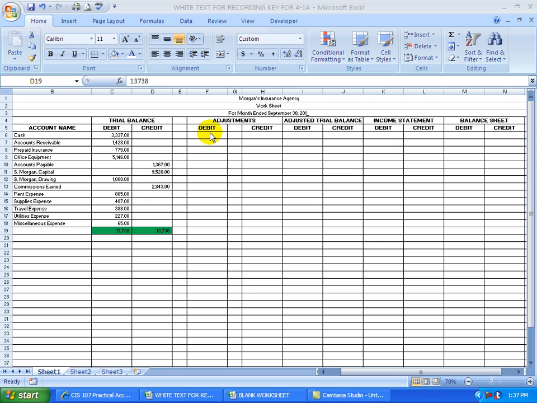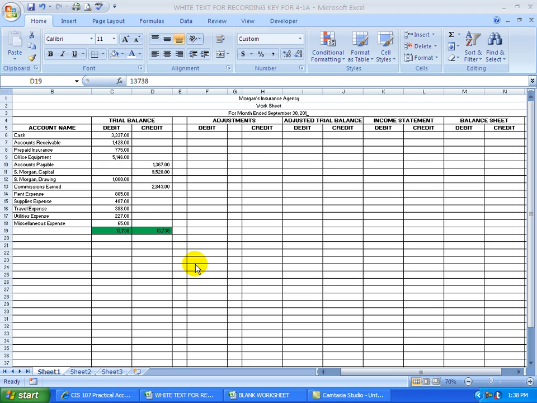And notice that there are some additional sections here besides the trial balance. There's the adjustment area, the adjusted trial balance, the income statement, and the balance sheet. So what the worksheet is used for is to bring certain accounts up to date that aren't going to be generated because of source documents.